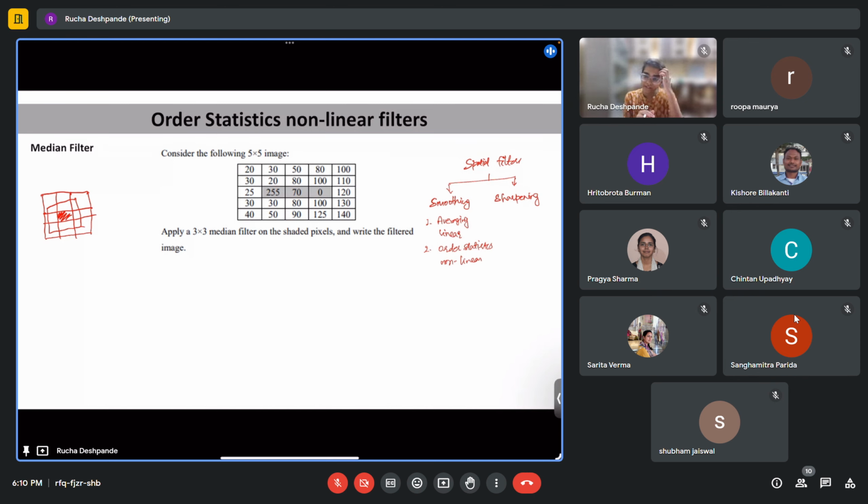This median filter can be useful in removing impulse noise. We'll see an example of that. For each pixel, consider the neighboring 3 cross 3 matrix around it, and then try to find the median value of each 3 cross 3 matrix for the 3 highlighted pixels.